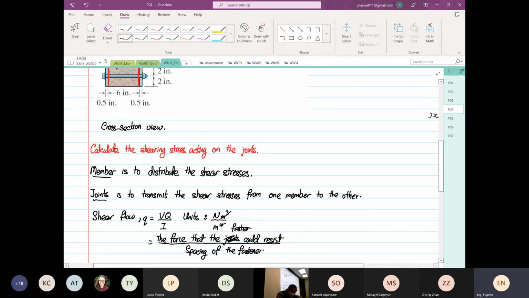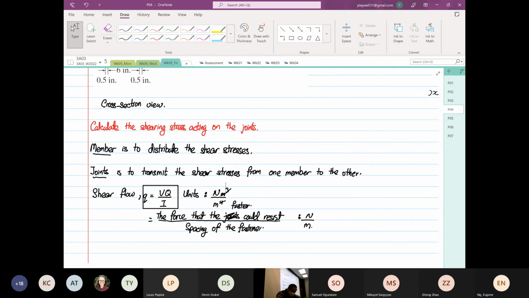So the units is also Newton per meter. This formula looks really familiar, isn't it? I told you, this topic only has two major formulas. The rest is analysis. And then we also apply the same thing, that the shear stress is equal to VQ over IT.